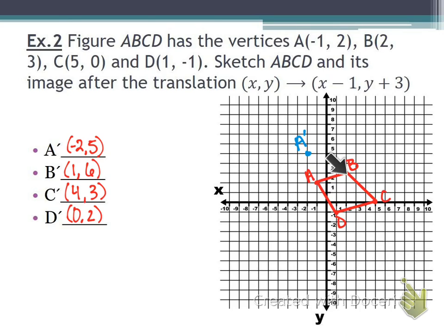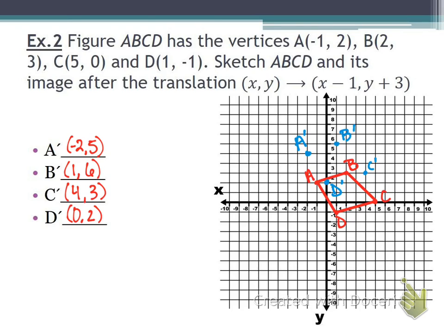If I were to start at B, instead of graphing those coordinates, I could start at point B and say I need to go left 1 and then up 3 to get my B prime point. Same thing with C, left 1, up 3 to get my C prime. Left 1, up 3 to get D prime.